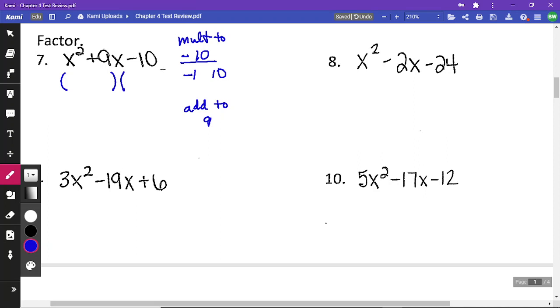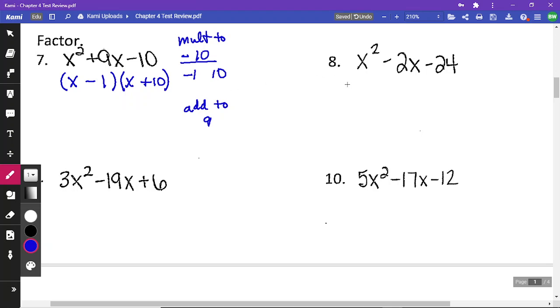You just go ahead and fill in the binomial. x, x, and then you get the second number in each binomial from those. Minus 1 and plus 10. And that's it. It's factored. You can check it by foiling it, and hopefully it's correct, and I think it is.